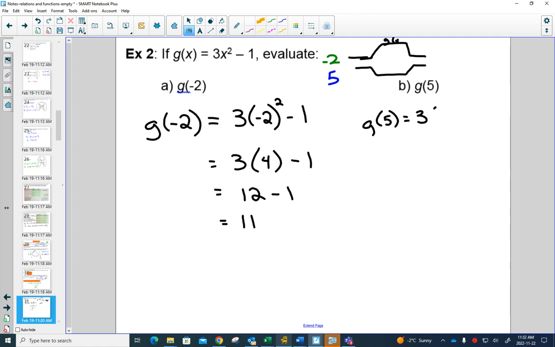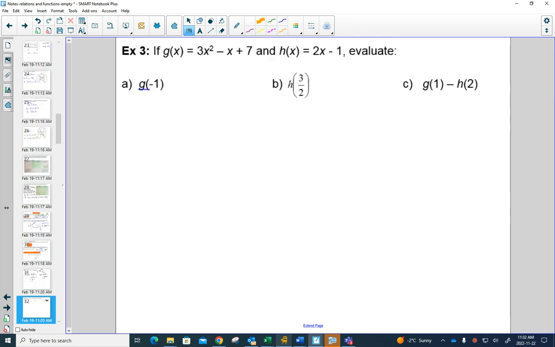So this is going to be 3, 5 goes in brackets, it's getting squared, minus 1. I can't do 3 times 5 first, I have to square first. This will be 3 times 25 minus 1, 75 minus 1, 74. Help me with the order of operations. Yes, it's good review.